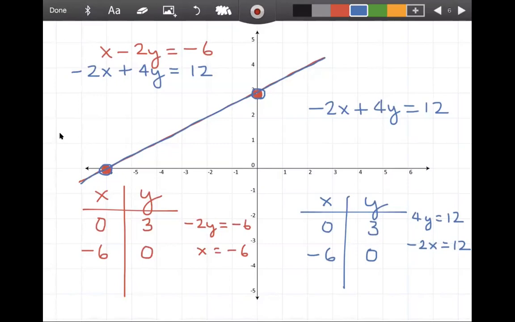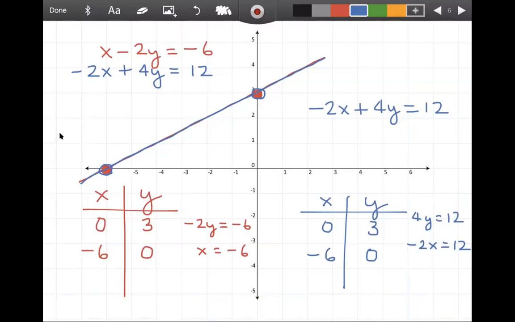And the way that we wrote the answer was all real numbers. Do not write all real numbers in this situation because the solutions are ordered pairs. They're not real numbers. And it's not all of them, right? There's a whole bunch of ordered pairs all over this graph. The only ordered pairs that are solutions to this system are the ones that are on this line.